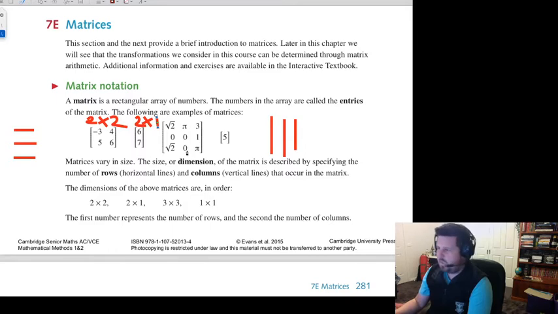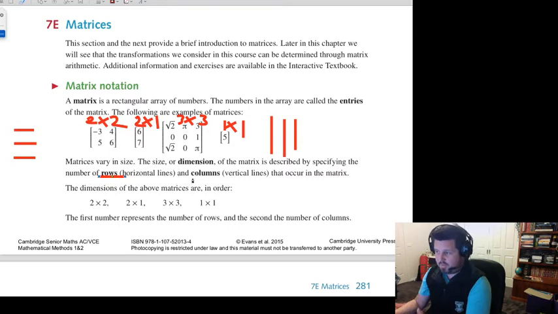This one here has 3 rows and 3 columns. It is a 3 by 3 matrix. This one here has 1 row and 1 column. It's a 1 by 1 matrix.